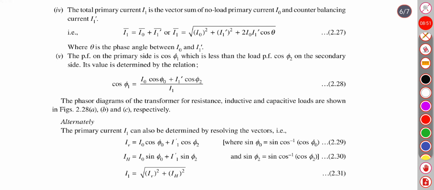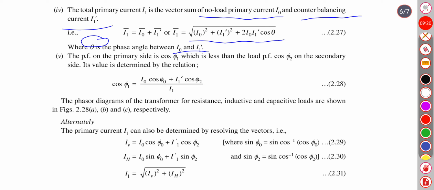The total primary current I1 is the vector sum of the no load primary current I0 and the counterbalancing current I1 dash. Therefore the vector sum will be I1 equals the square root of I0 square plus I1 dash square plus 2 I0 I1 dash cos theta, where theta is the phase angle between I0 and I1 dash.